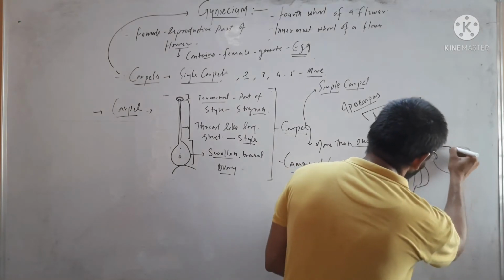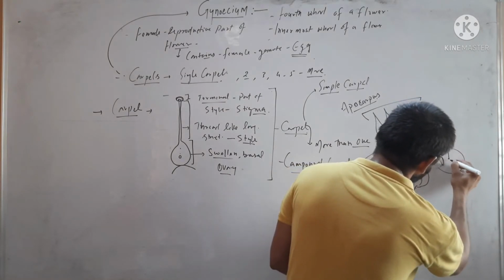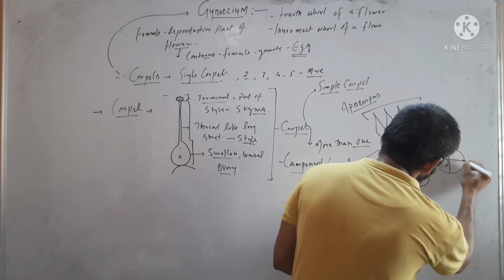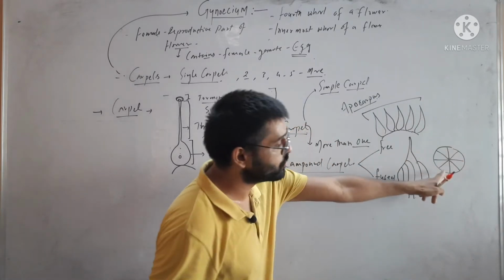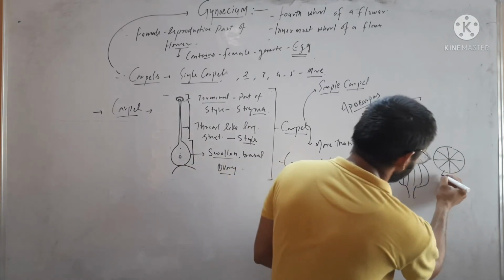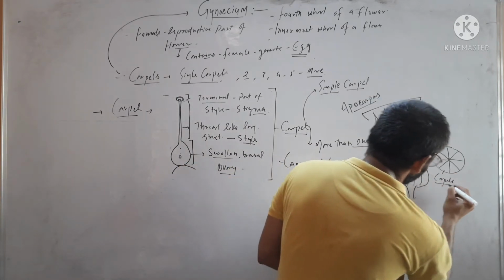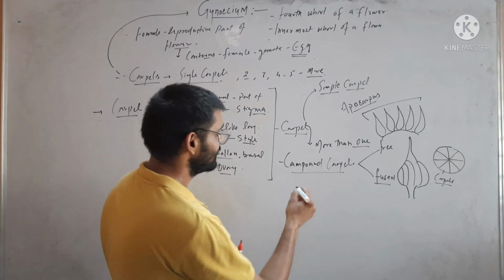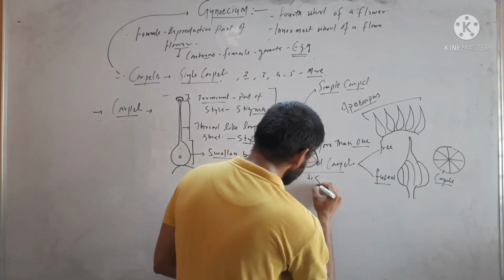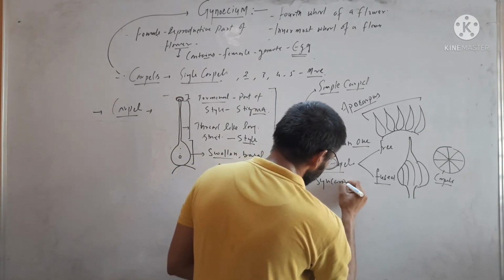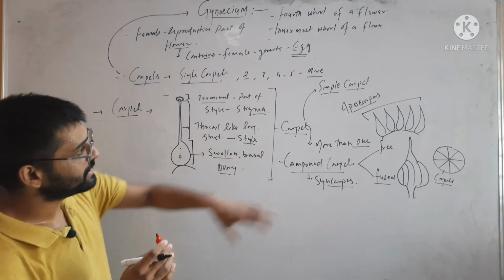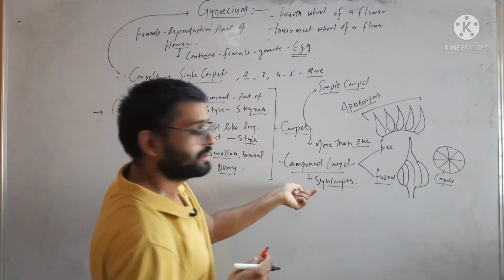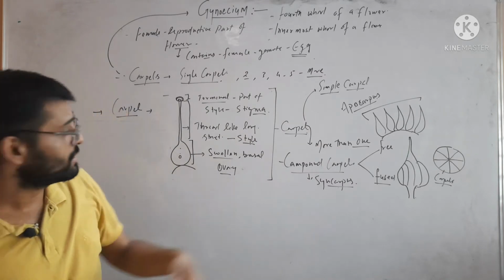So I'm showing here the TS of this carpel like this. So here each locule shows a carpel and all carpels are fused. In that case, the carpel will be called syncarpous. If they are free, then apocarpous. If they are fused, then syncarpous.